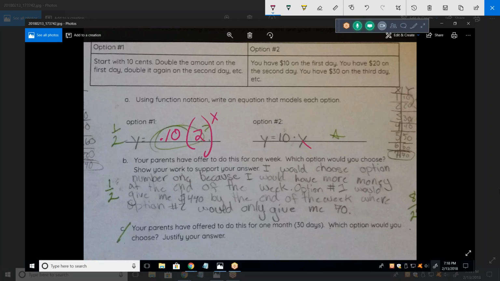Okay, they say you can do this for 1 week. So let's figure out what that is after 1 week. Take 2 to the 7th power, multiply it by 0.10. 12.8.